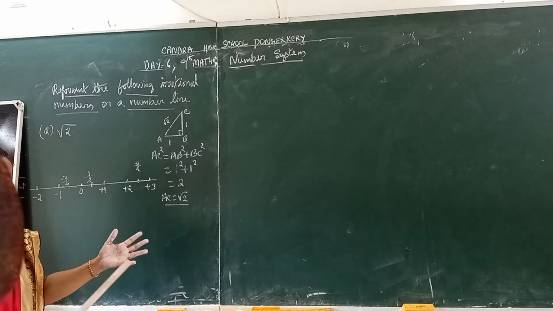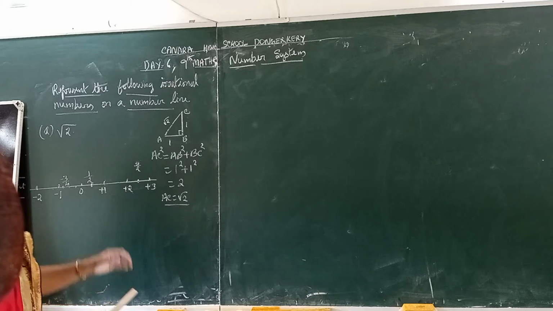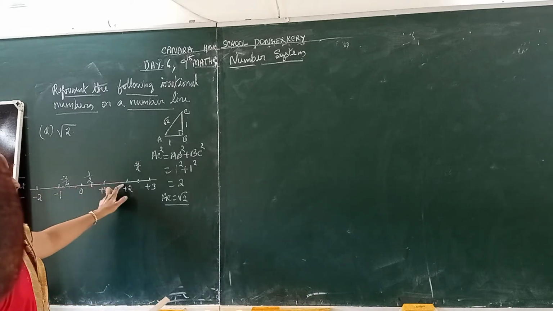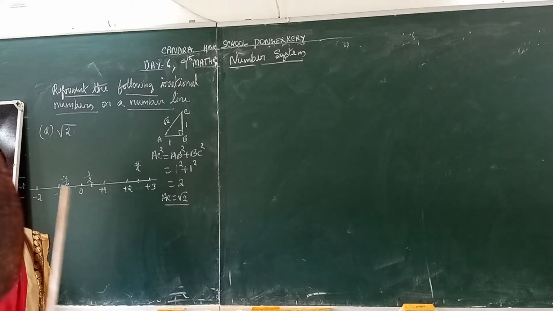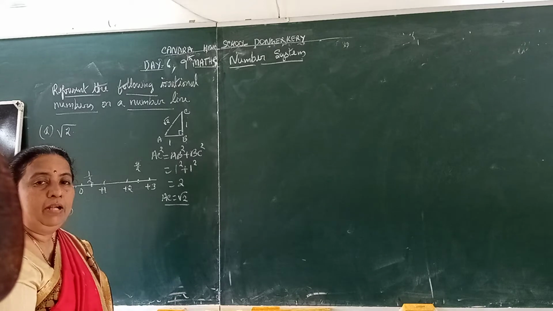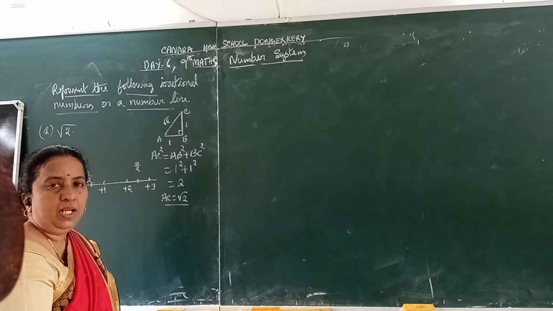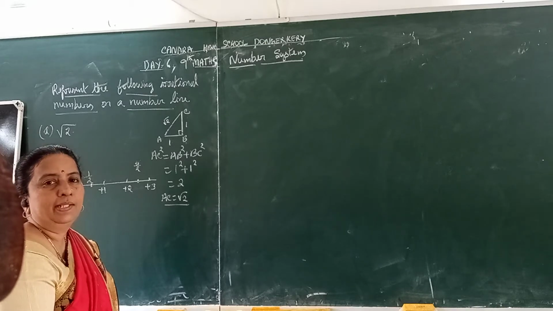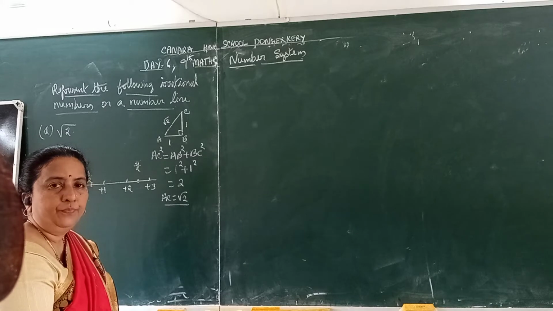Likewise, all natural numbers, whole numbers, integers and rational numbers are found as points on the number line.